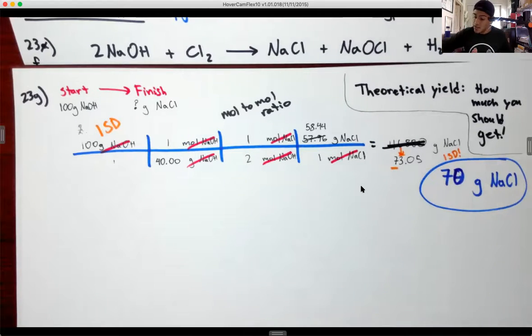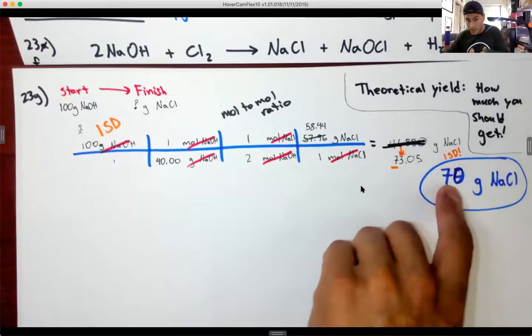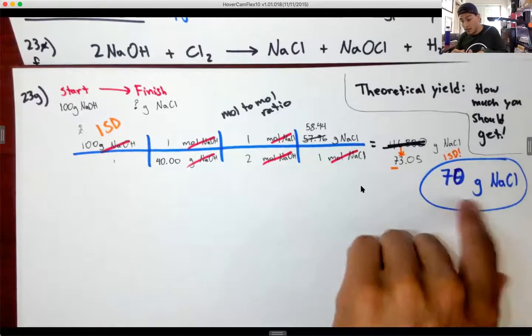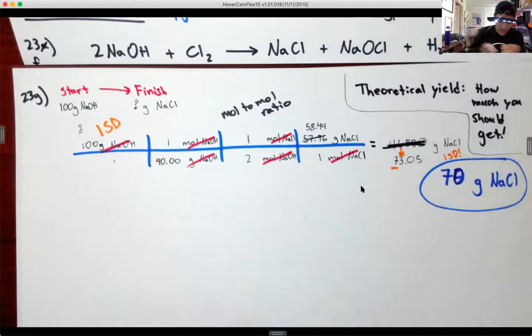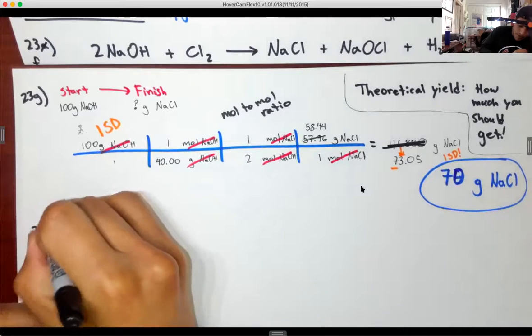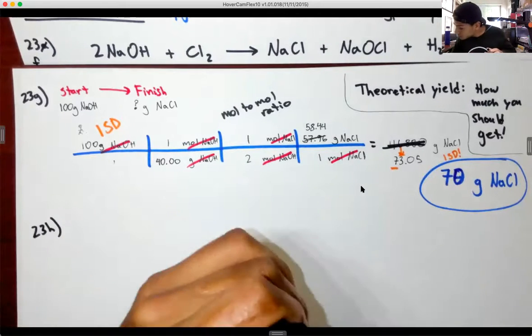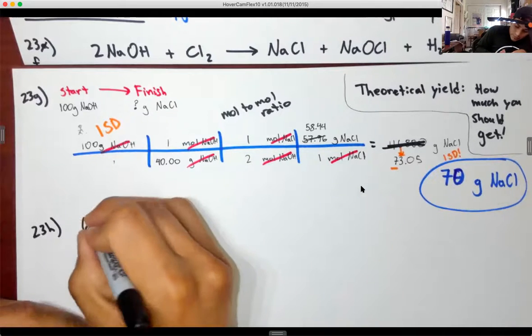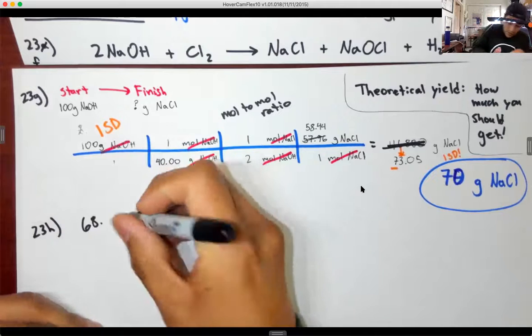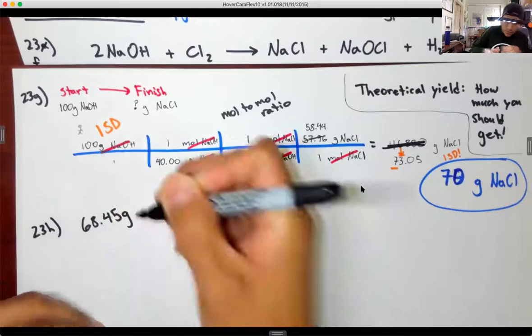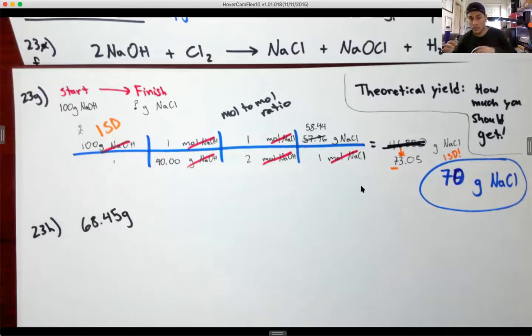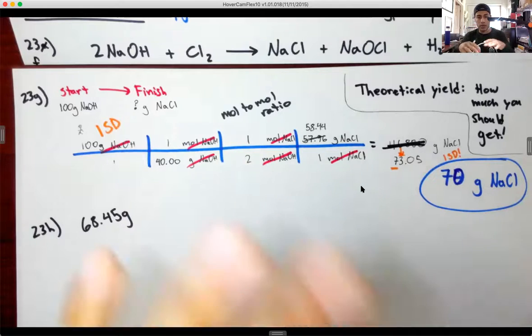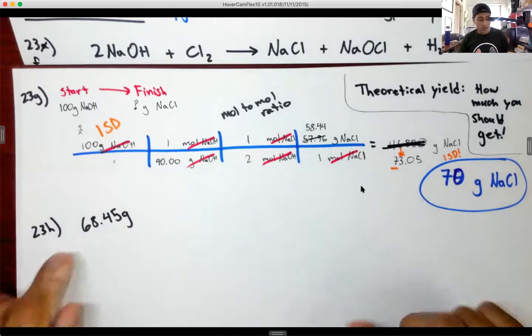That tells us that, let's say instead of getting this, you did the experiment and you got 68.45 grams. Let's say that Matthew and Pineda were using the squirt bottles and some of the DI water got into their beakers, so they messed up their experiment a little bit, very little.